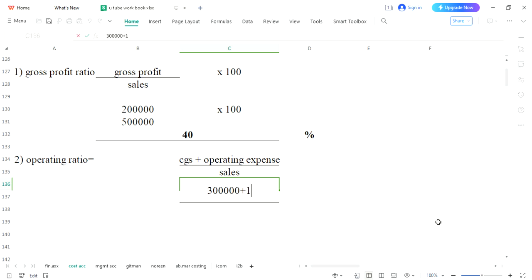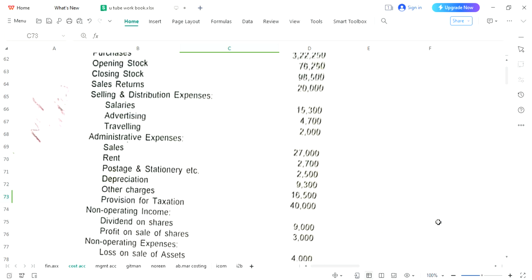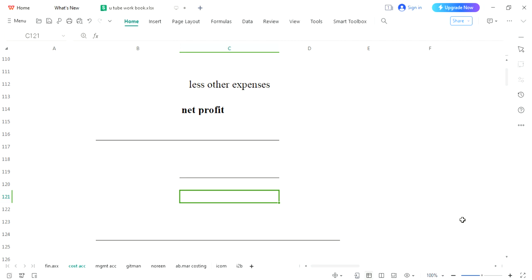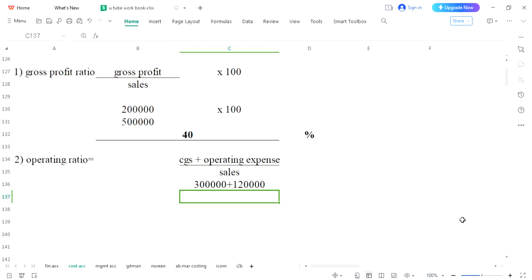So put 1,20,000 over here, and then you need to put your net sales, which has also been calculated. This is your net sales, 5 lakh. You have subtracted your sale return from sales to get net sales, 5 lakh. So here put 5 lakh. So values are completed. Now we are open to calculate it.